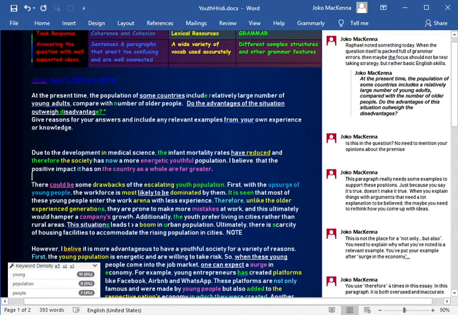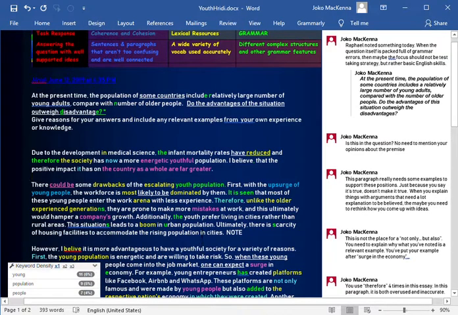Unlike the older experienced generations, but singular, such as what kind of mistakes? And this ultimately would hamper a company's growth. I'm saying task response here, nothing to do with companies. It's to do with countries.